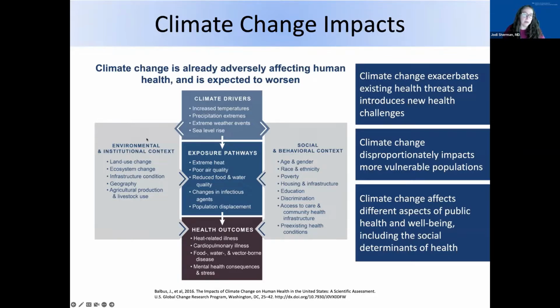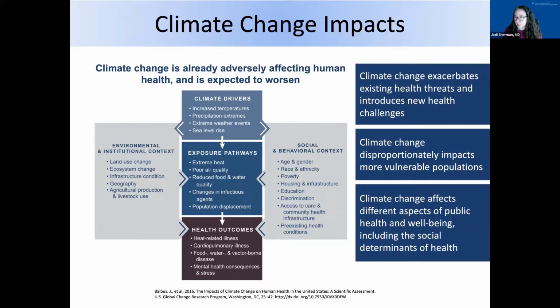So by misusing land and by excessive combustion of fossil fuels, we're increasing temperatures and driving more extreme weather events, whether it's drought in some locations or flooding in other locations. We're having more extreme heat days and poor air quality. All this is affecting food and water security, changing patterns of vector-borne illnesses, and causing population displacement.